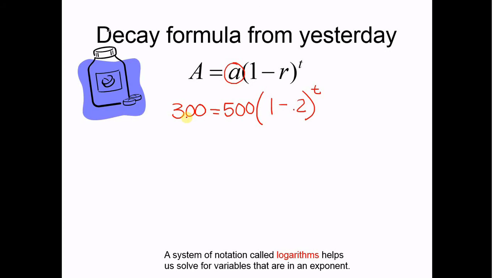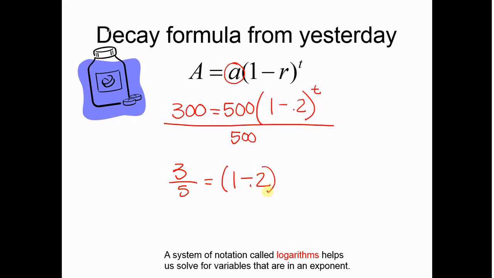So what we need to do is figure out how we could get to that t. Normally we would divide by 500, right? Get rid of that 500. So it would be 3/5 equals (1 minus 0.2) to the t. Well, 1 minus 0.2 is 0.8, so 0.8 to the t. We can't get to the t. We can't solve for t right now.